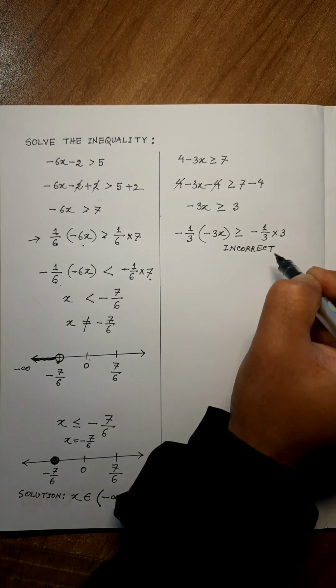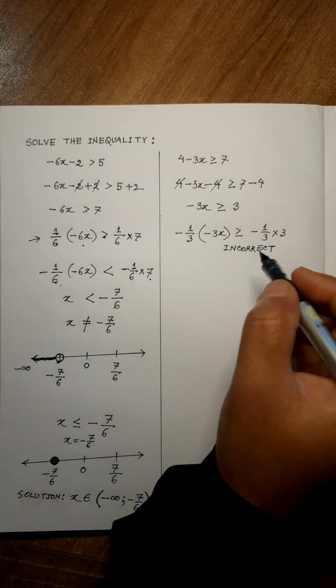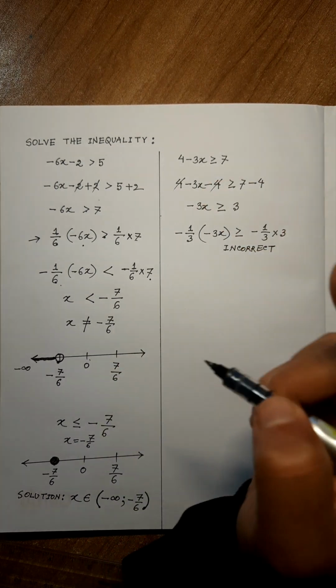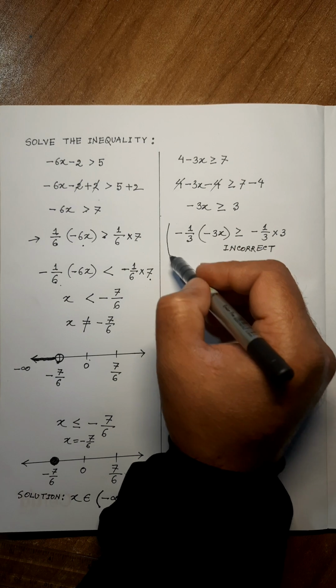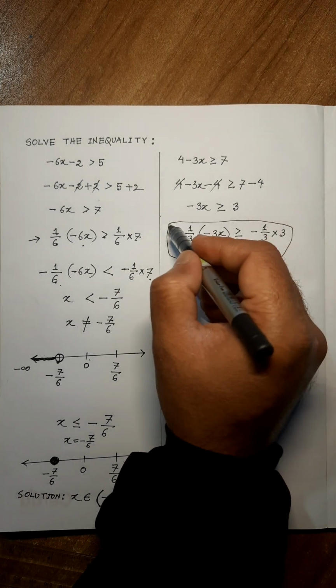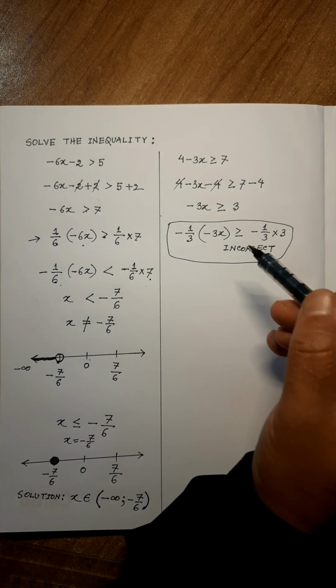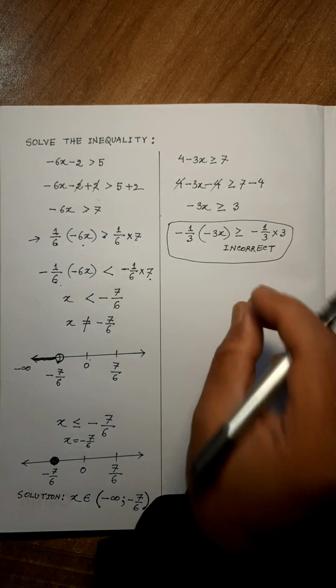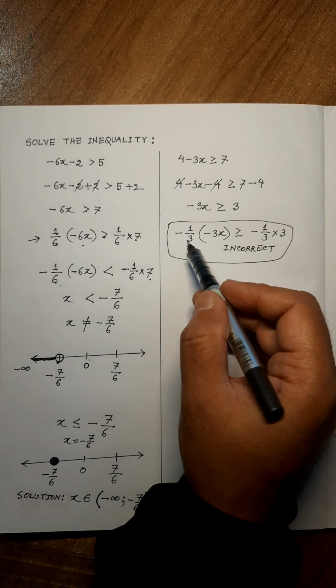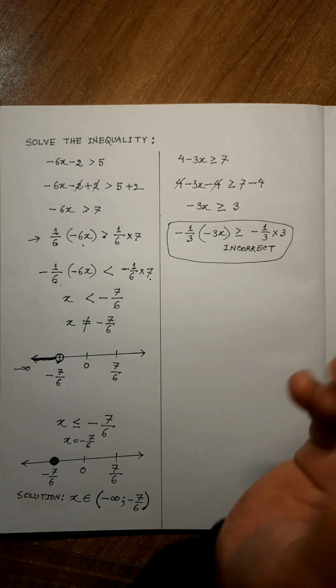Why is this incorrect? Because whenever we multiply both sides by any negative number, the inequality sign will flip. Keep that in mind. If we multiply by a positive number, nothing happens. The inequality sign keeps its original orientation. But we are multiplying by a negative number. So, don't make that mistake.